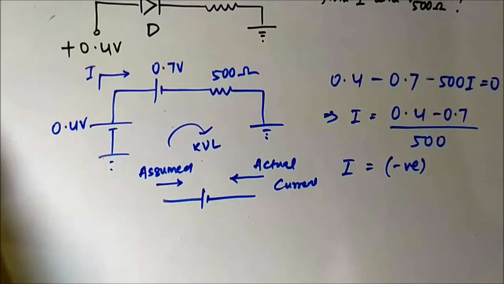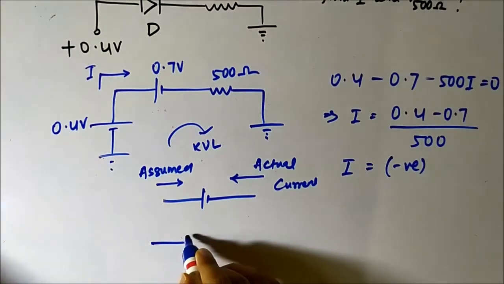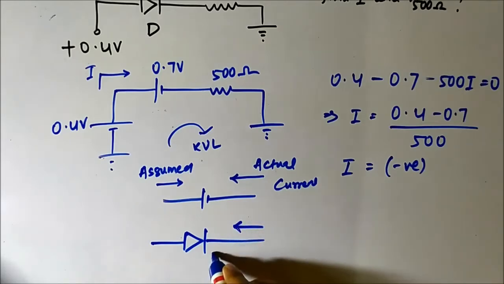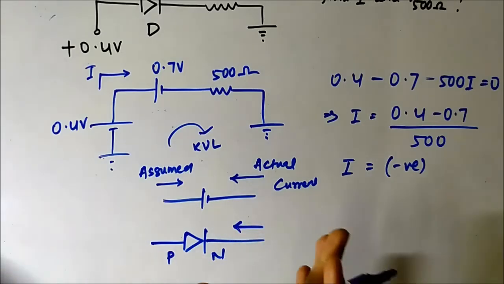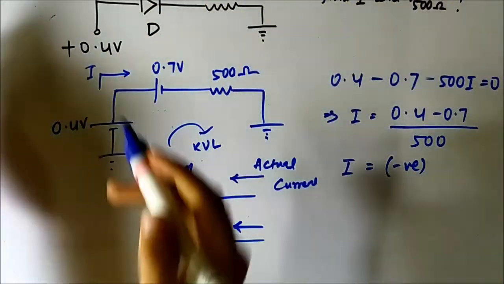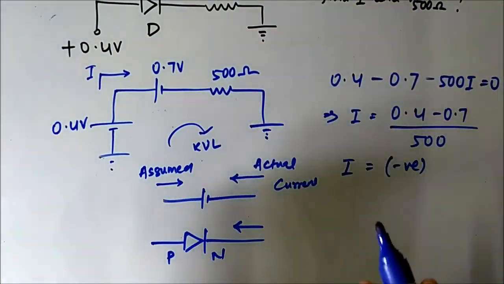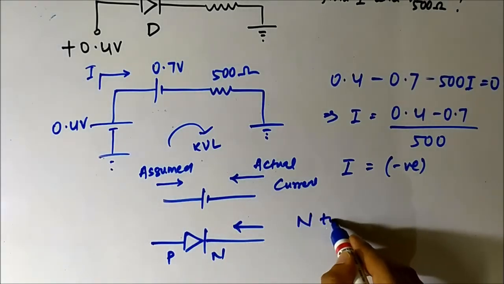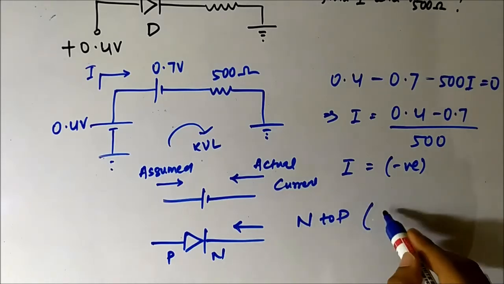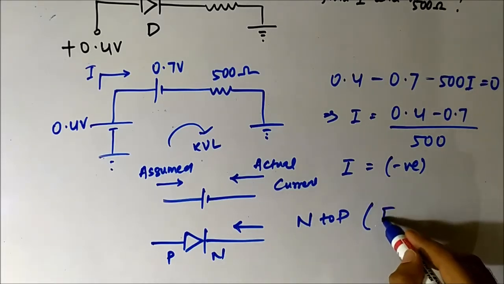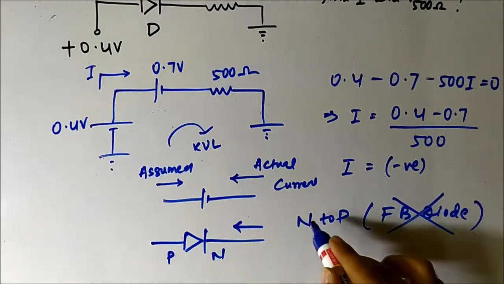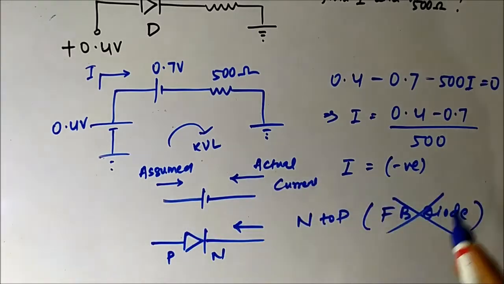So it means that the current is actually flowing from N to P side. Means when we assume that the diode is on, the current is flowing in the opposite direction from N to P. This is not possible for a forward bias diode. Current can never flow in N to P direction through the diode for a forward bias diode. It can never happen like that.